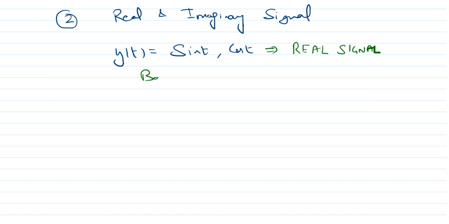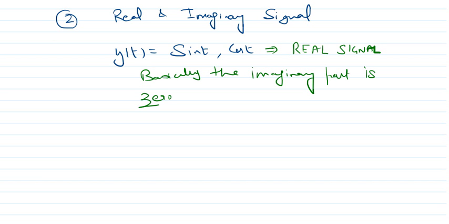Basically the imaginary part is 0 for real valued signals.